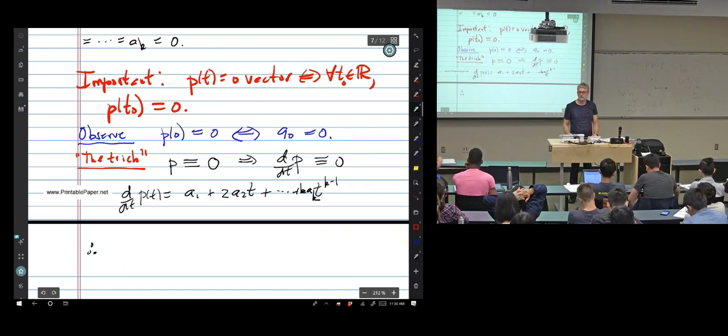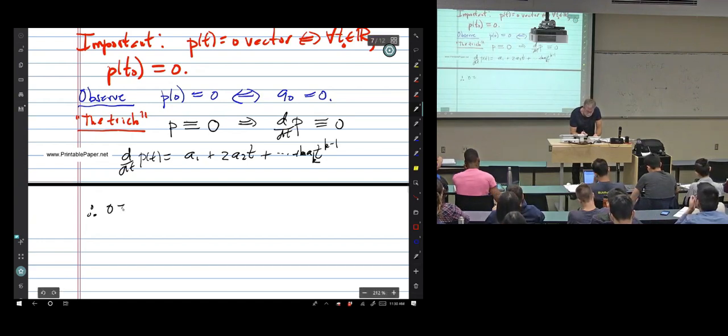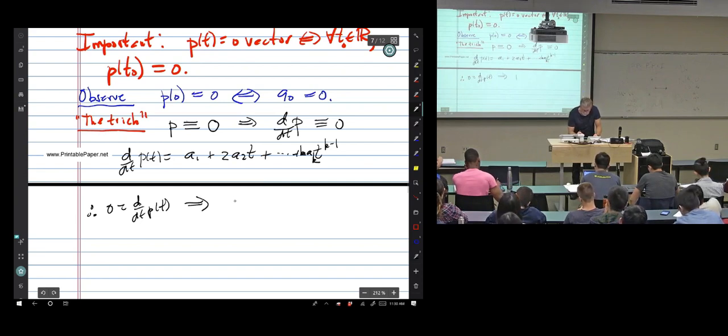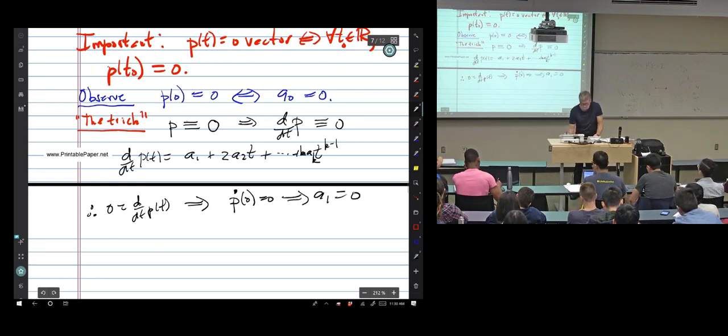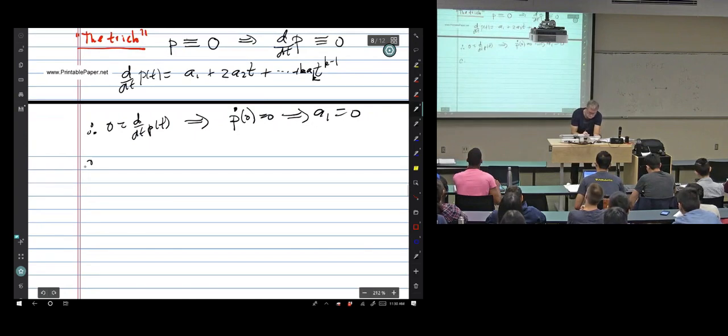Yeah. Any other big mistakes? No. Okay, so conclusion, 0 equals d by dt P of t implies P dot at 0 equals 0, which implies A1 equals 0. So the derivative of P, I get A1, and then continue by induction.